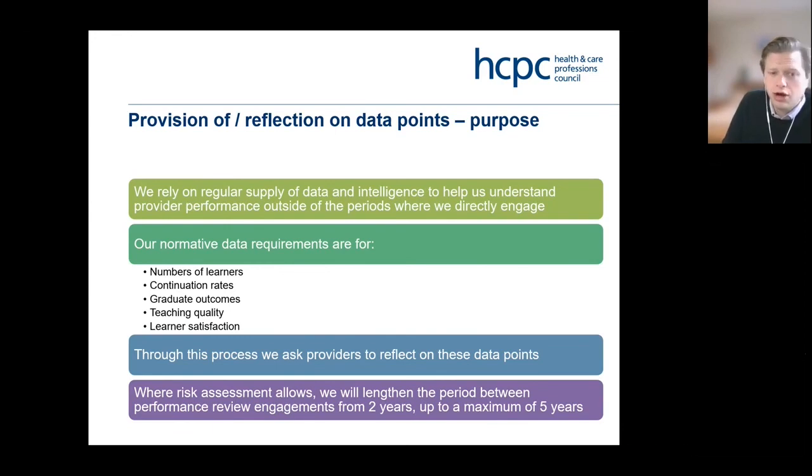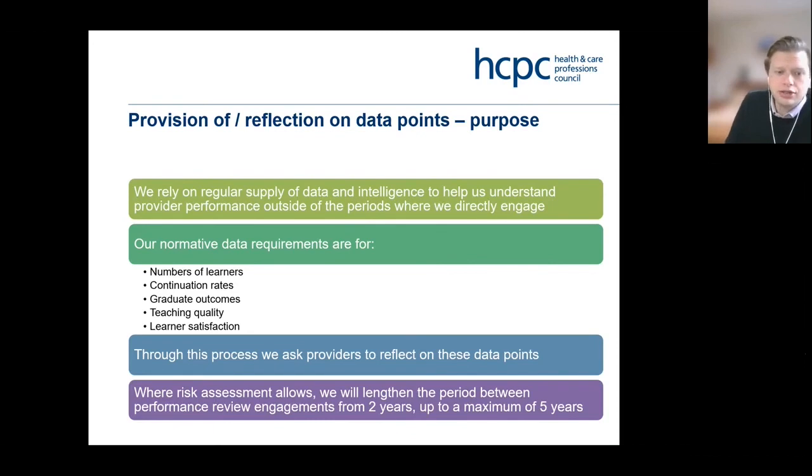Our normative data requirements are around the number of learners that you have, the continuation rates, year to year and across the whole provision, graduate outcomes, so where your graduates end up and what they end up doing, teaching quality, and learner satisfaction as well. Through this process, we ask you to self-reflect on those data points.